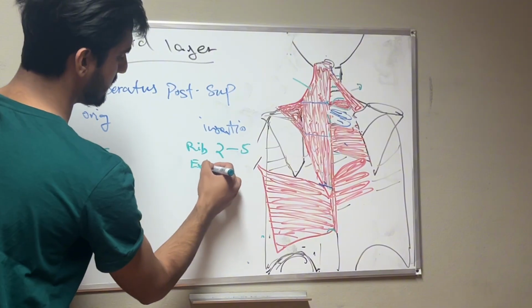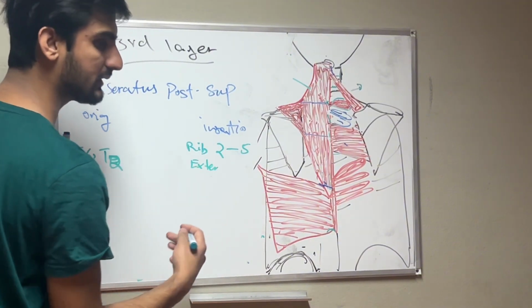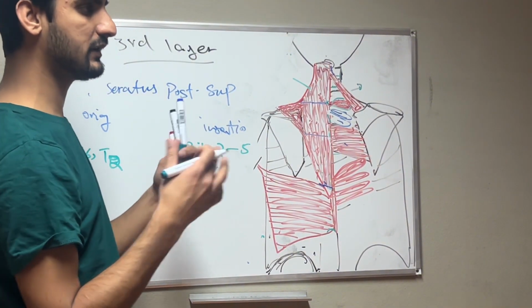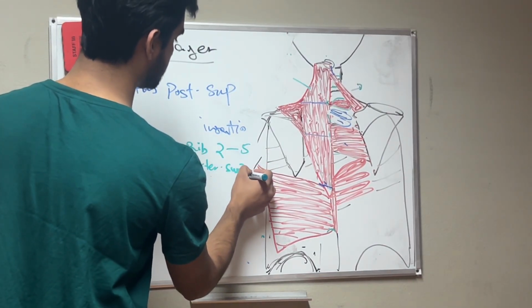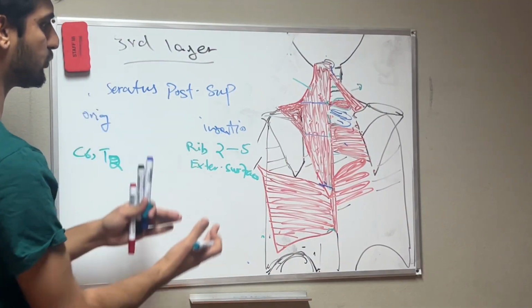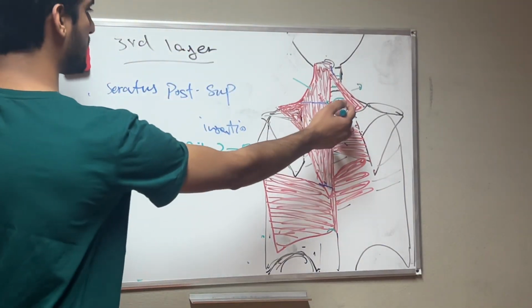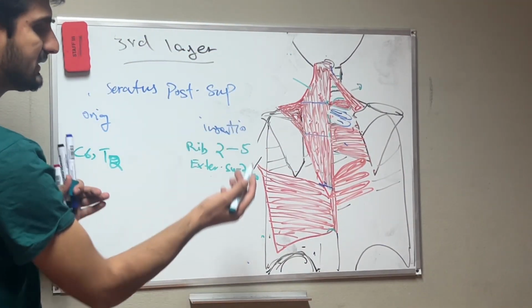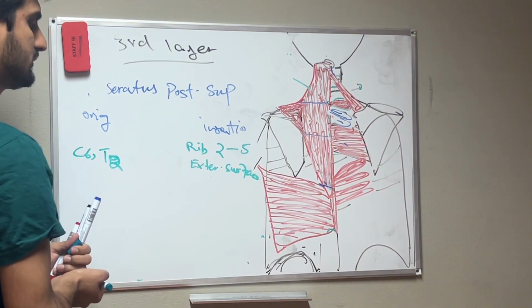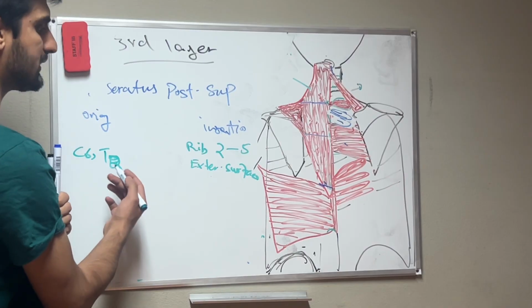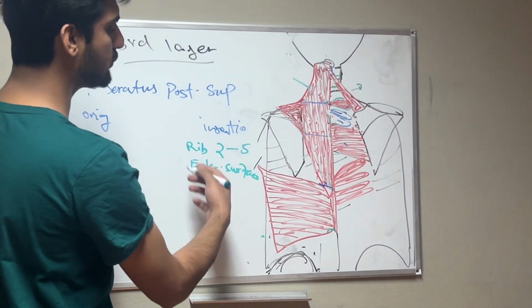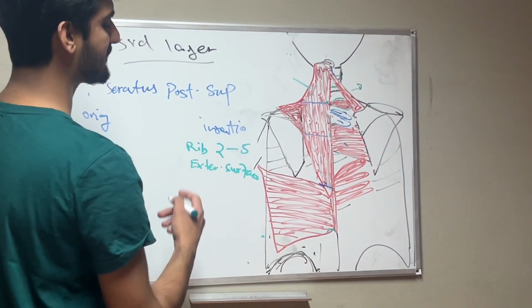Okay, because we know the external and internal surface of this bony part of the rib, which we discussed in the bone. External surface. Okay, simply, serratus posterior superior muscle, which is located here, originated from the spine process of C6 cervical vertebra till T2 thoracic vertebra and inserted into the rib 2nd to rib 5th external surface.